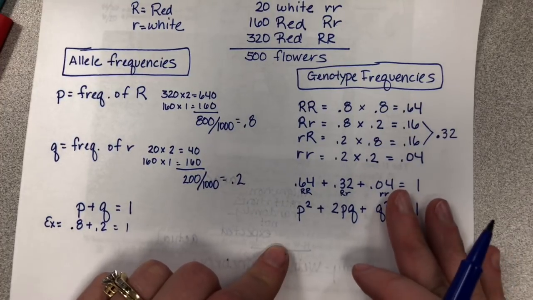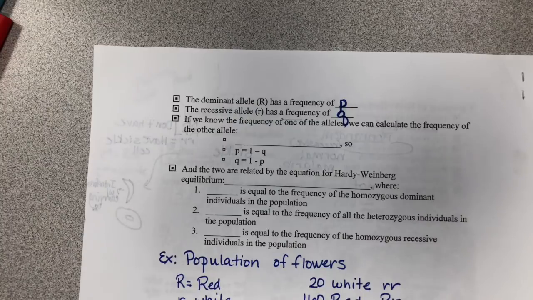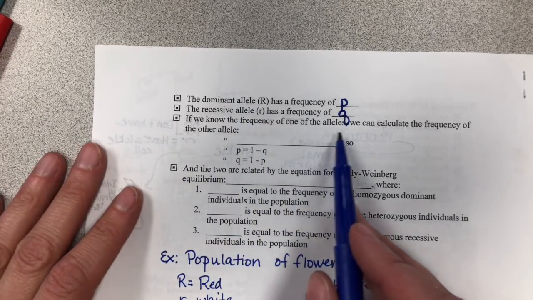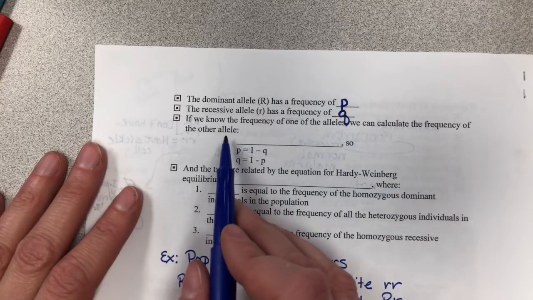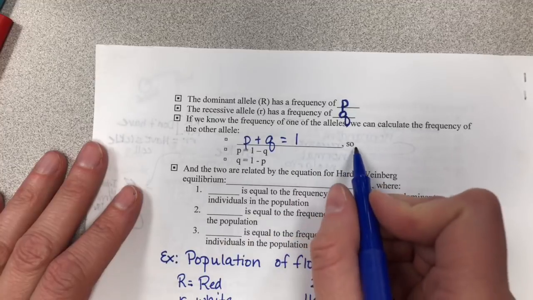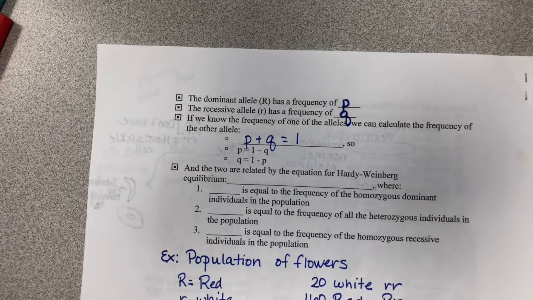All right, so therefore you should be able to fill this in up here. So see if you can fill this in. Pause it and see if you can do that. So if we know the frequency of one of the alleles, we can calculate the frequency of the other allele. So we know that P plus Q equals 1. So we can solve for P or we can solve for Q by manipulating the equation.